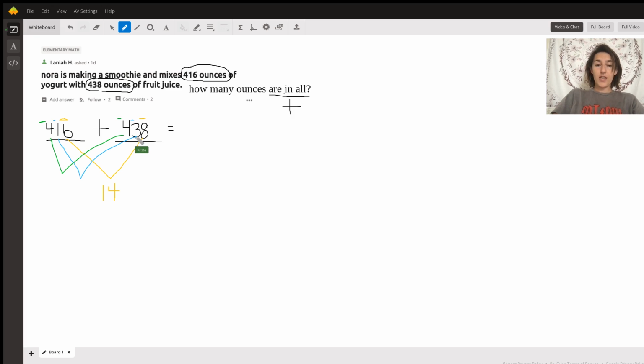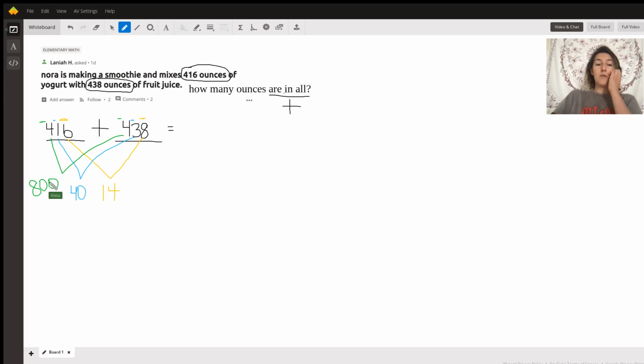So 30, 3 tens is 30, plus 1 ten, which is 10. 30 plus 10 is 40. Then 4, but it's in the hundreds place, so it's really 400, plus another 400 is 800.